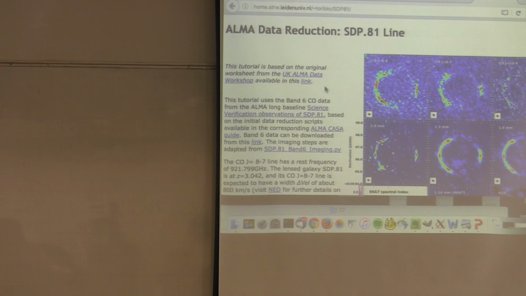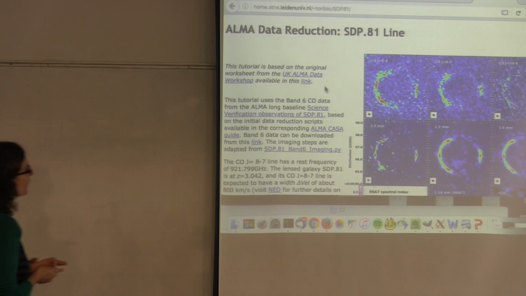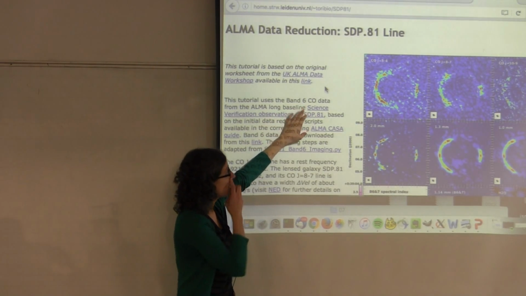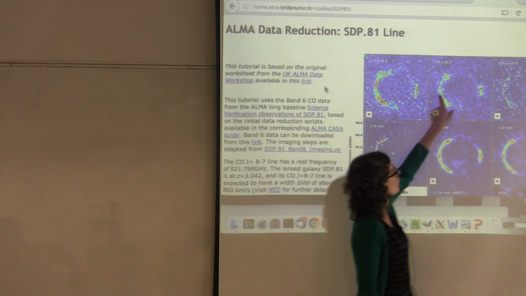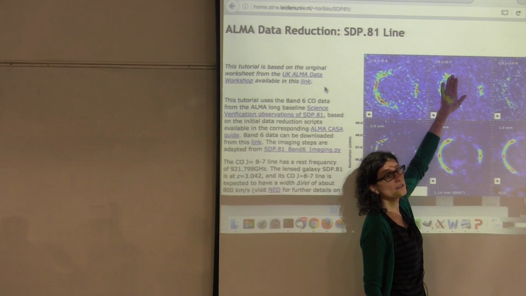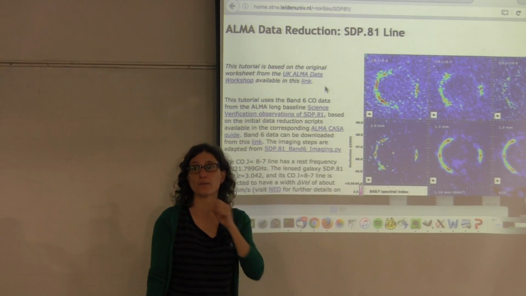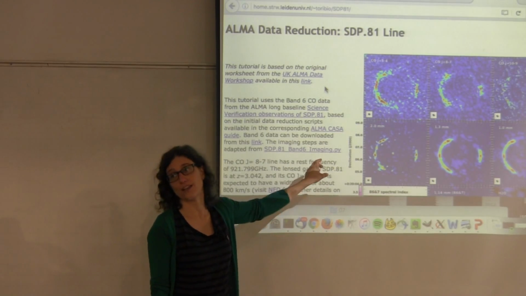I have adapted her website by adding more explanation in the steps and some more pictures of the outputs of every step, for you to be able to follow it. We are going to use the band 6 data of this galaxy, and we are going to perform imaging of this line, CO J=8-7. I guess Alan may ask you later in the afternoon what this means.